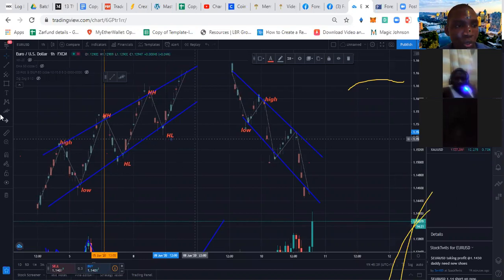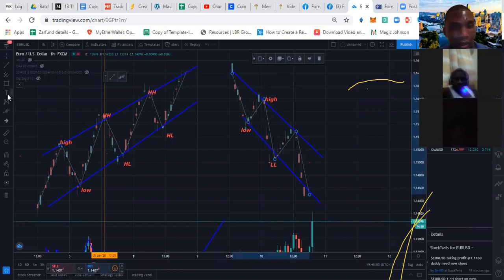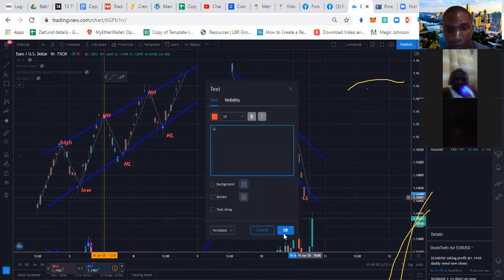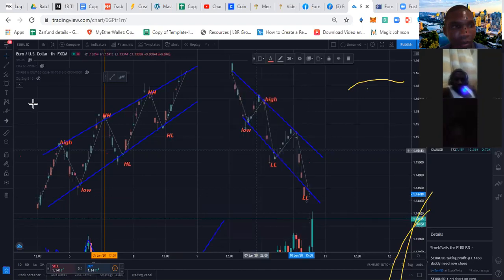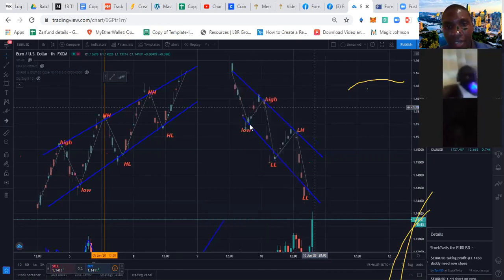Okay, so now a downtrend: this is a lower low, and then this is a lower low. This is a lower high. Okay, so this is a downtrend.